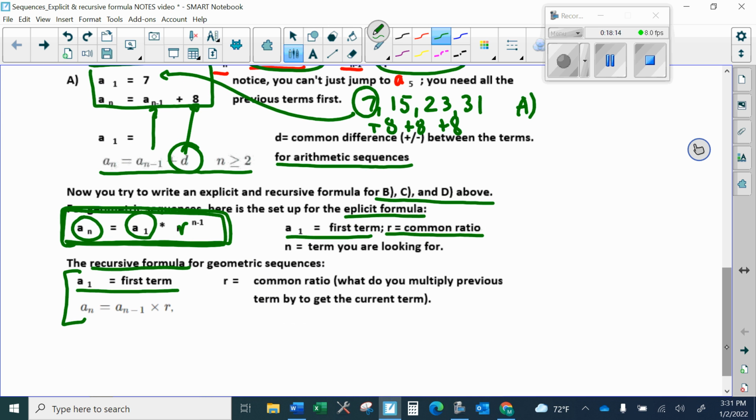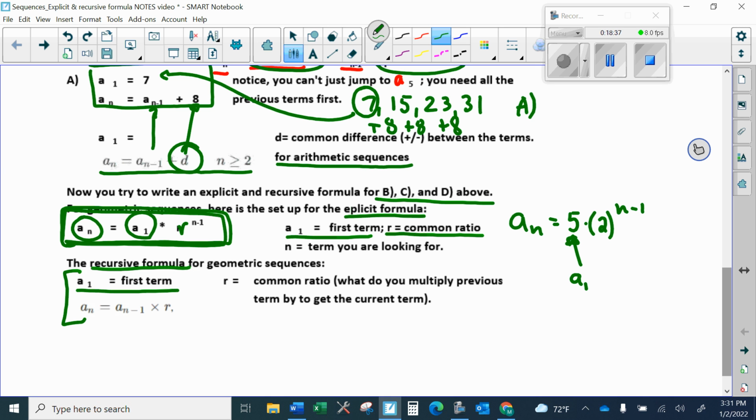A sub n, I write down A sub n, the current term, equals A sub 1, which was the 5, times the R, and you want to put that in parentheses, 2, and then raised to the power of n minus 1 every time. A sub 1 every time, it never changes.